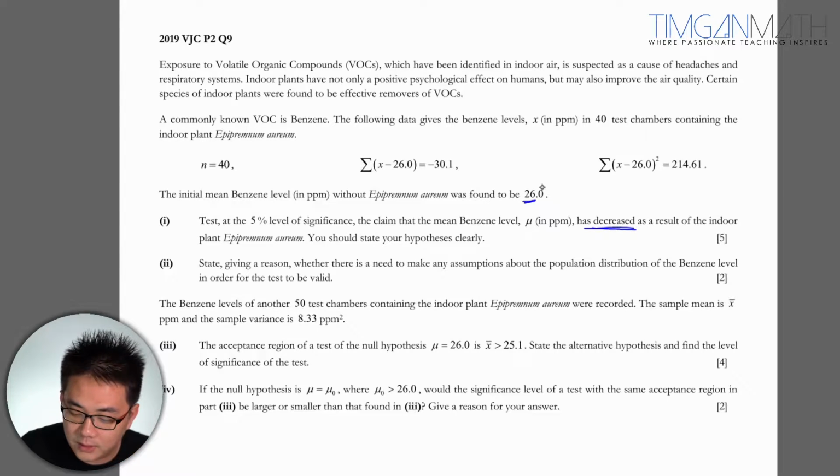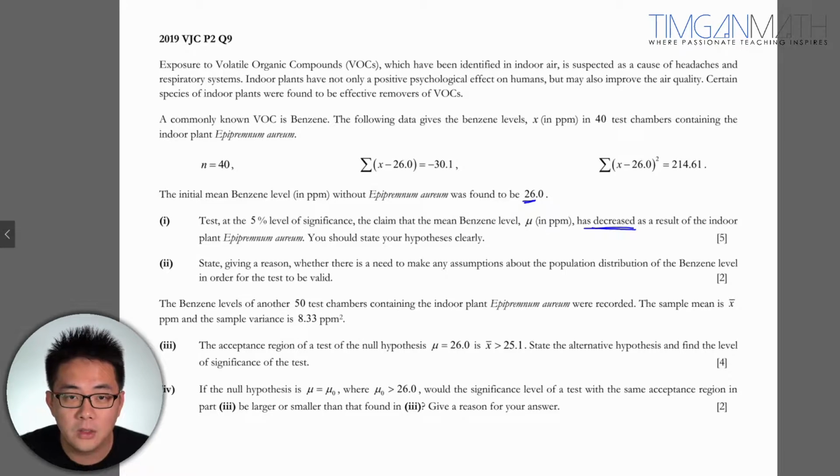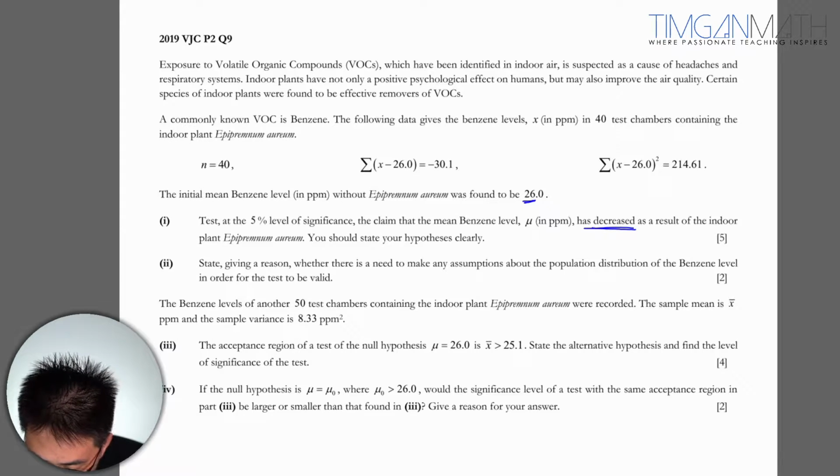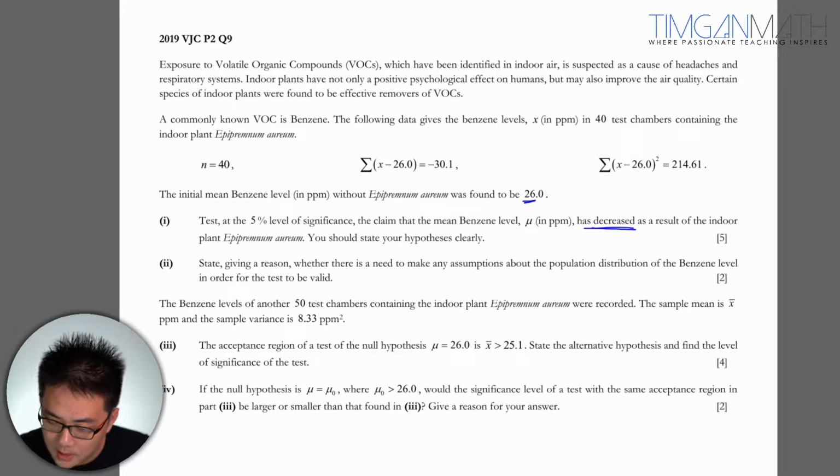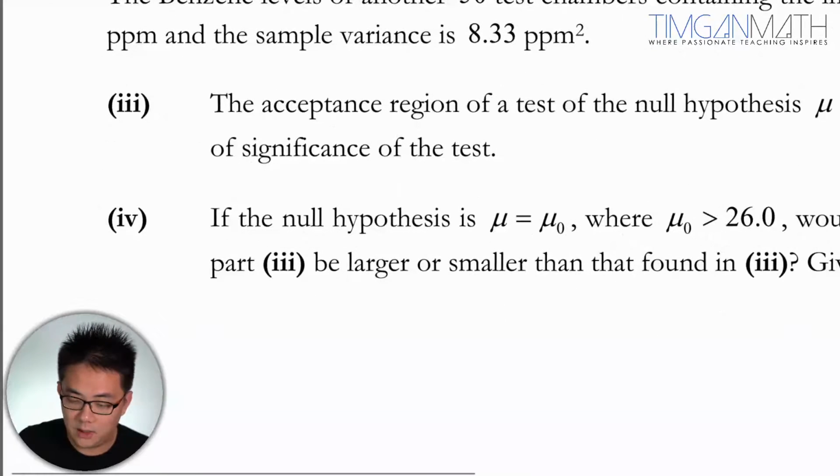So this is basically a population mean, right? As a result of the indoor plant, you should state your hypothesis clearly. You want to test the effectiveness of the indoor plants, so that's the reason why you need to use this to test it out.